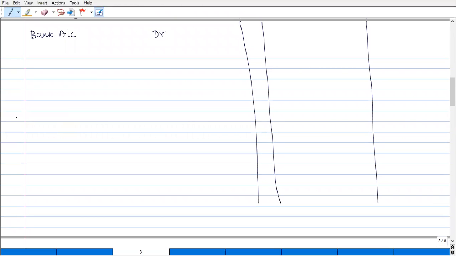Okay, so calls in advance account has to be debited with the excess amount. Then we have calls in arrears here. Okay, so debit calls in arrears.